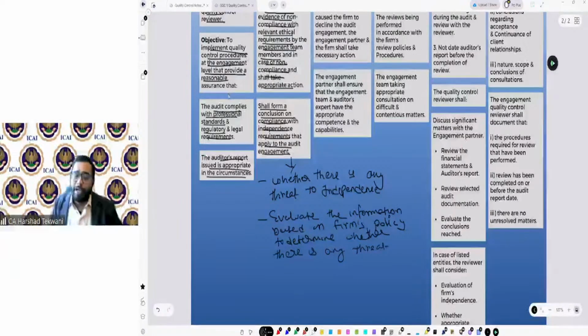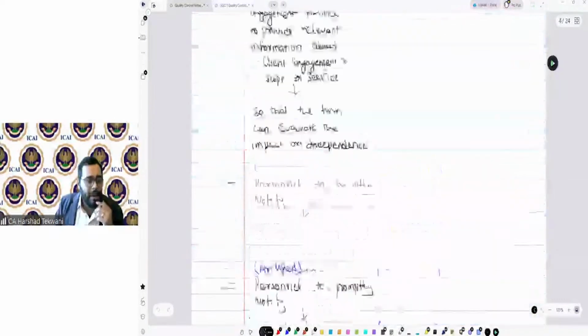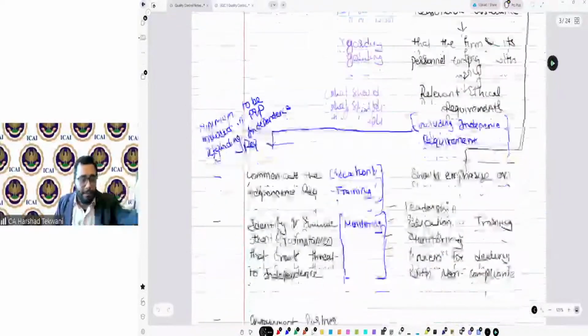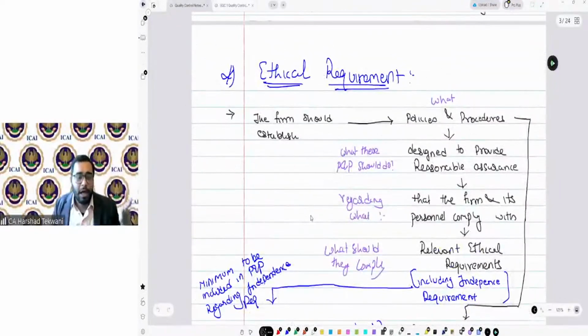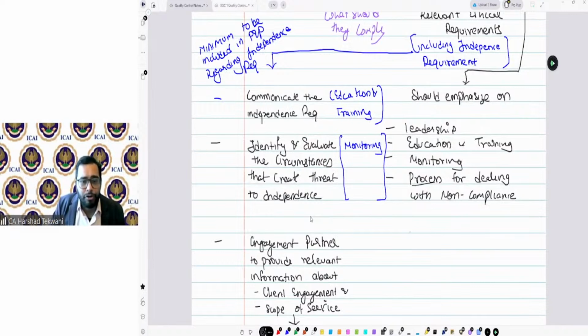And the third one is to take appropriate actions. Now, how will he take actions? We have already seen that SQC1 tells the firm to have a policy and procedure in place that can help with the process for dealing with non-compliance.